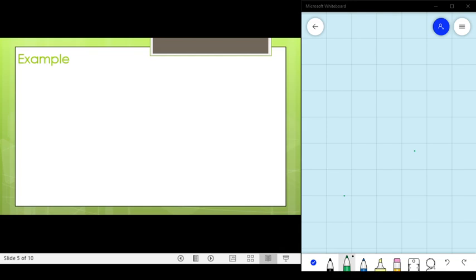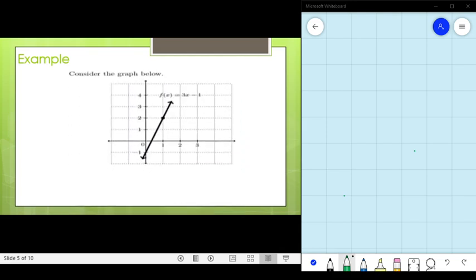Okay, let us first consider the first example. This graph is an illustration of f of x equals 3x minus 1. Is the function continuous at x equals 1?